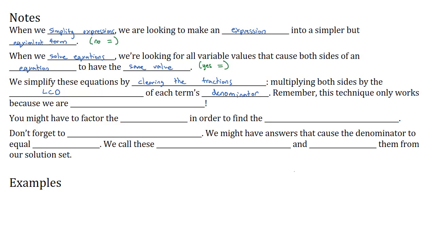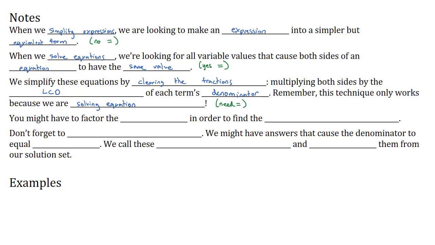However, we're only allowed to clear fractions like this because we are solving equations. Do not try to do this to simplify an expression. In order to do this method, we need an equal sign in the original problem. We can't just do it to simplify like multiplying rational expressions or adding rational expressions. We cannot do it then, just when we have that equal sign.